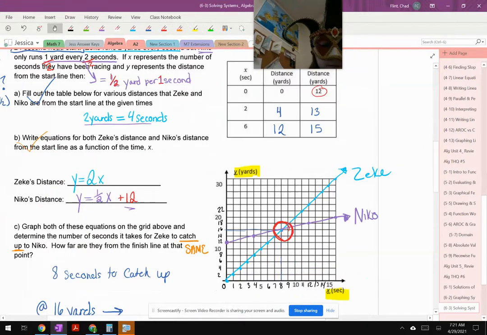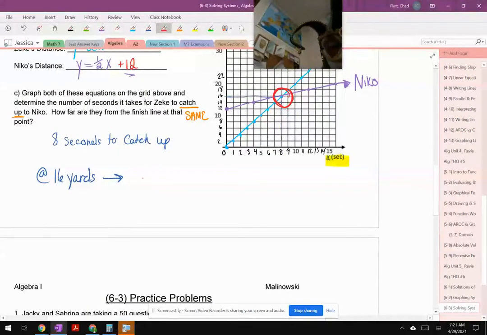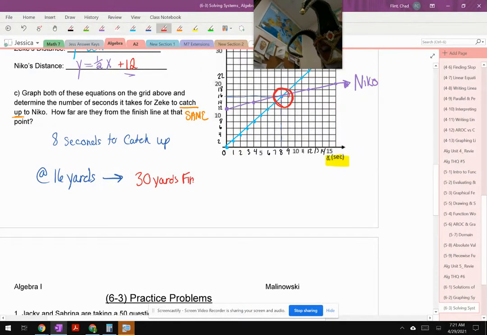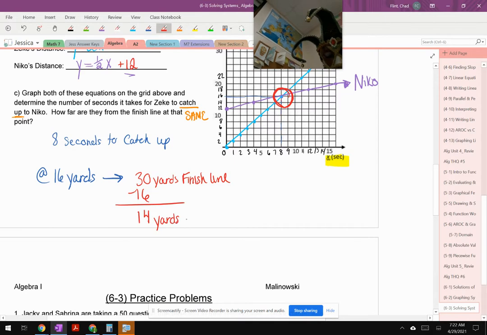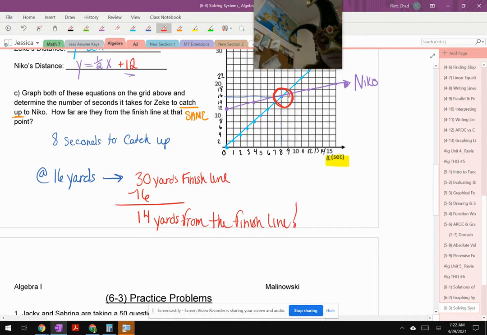That's important. So 30 yards is the finish line. So 30 minus 16 is going to give us 14 yards from the finish line.